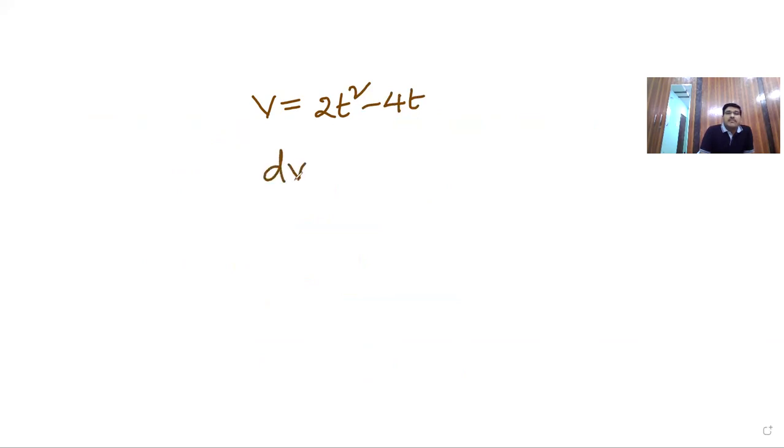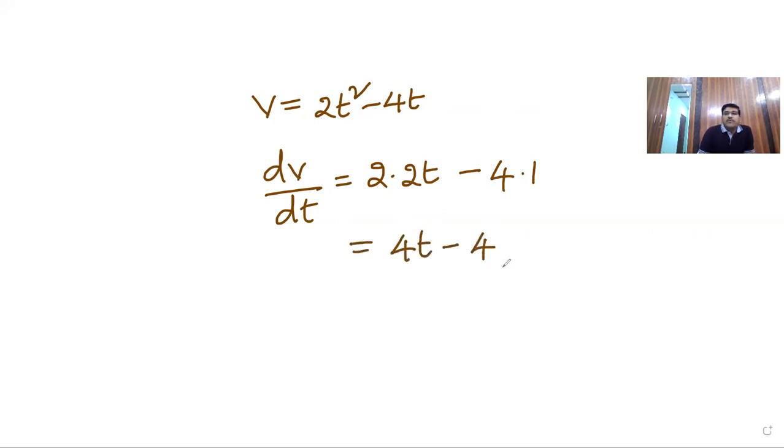So, dv by dt: 2 is a constant, into the differentiation of t square, which is 2t; minus 4 is a constant, and the differentiation of t is 1. So it becomes 4t minus 4. This is nothing but the acceleration a.